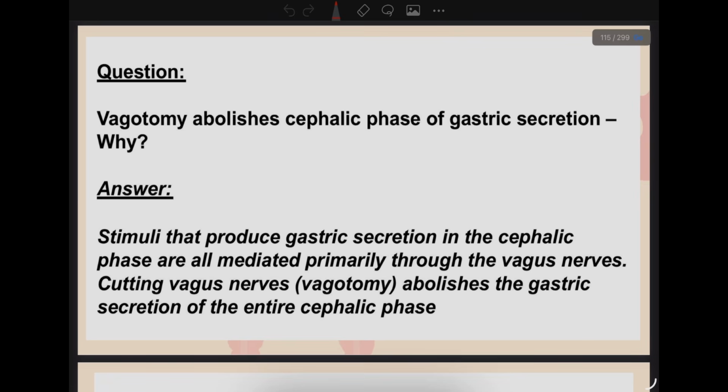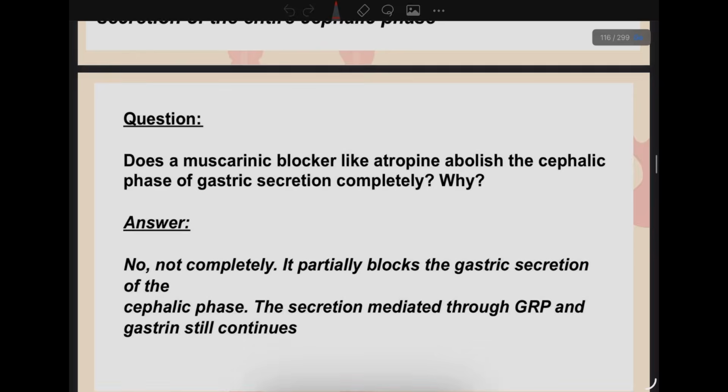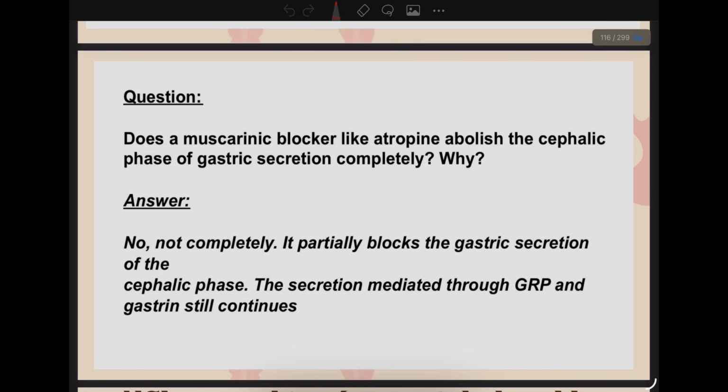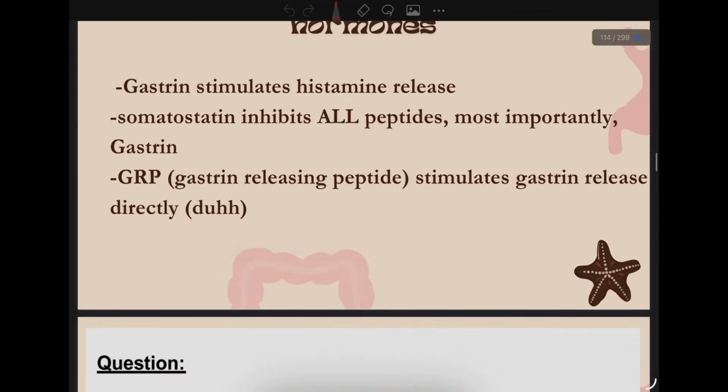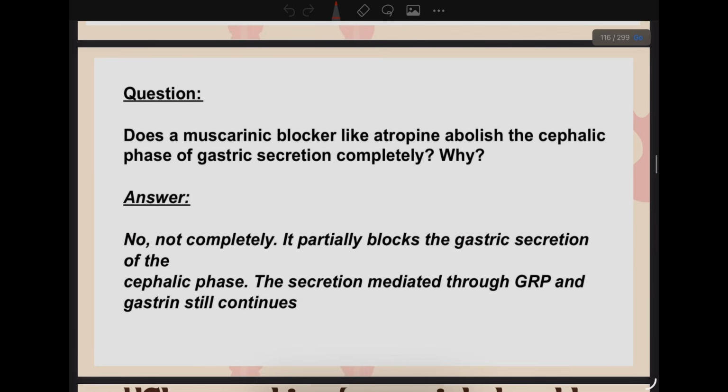Okay, question. Vagotomy abolishes the cephalic phase of gastric secretion. Why? We said the cephalic phase is only by vagus. Vagus is the one who controls everything in the cephalic phase. So if you don't have vagus, you don't have cephalic phase. But when you use a muscarinic blocker like atropine, you do not abolish the cephalic phase fully. Why? Because vagus does not only release acetylcholine.